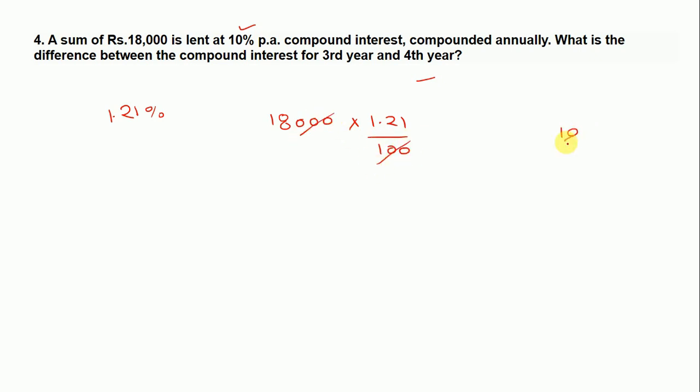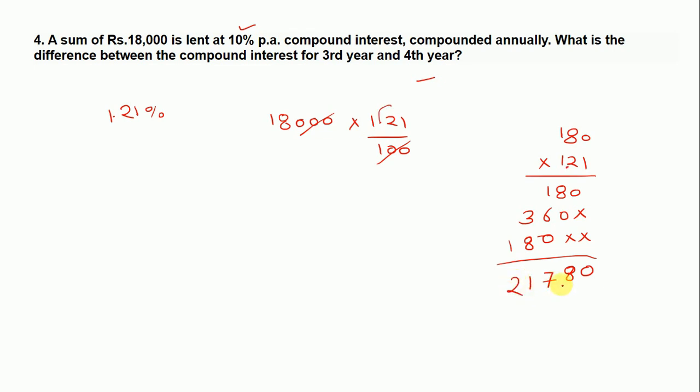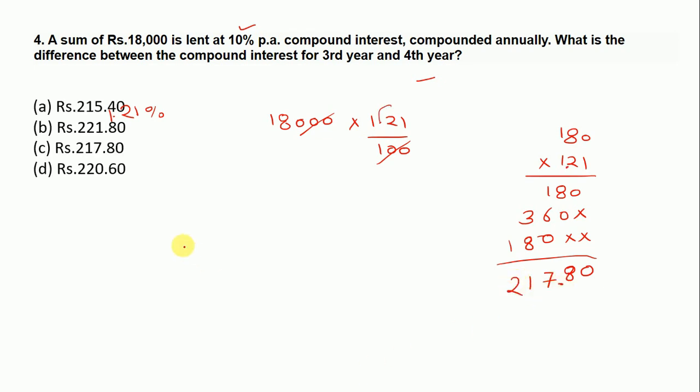Here we will follow very simple step of multiplication. 180 will come out as it is, and here 0.36 into 180, so it will come out as 217 and 80, and it will be this. So your final answer will be 217.80.